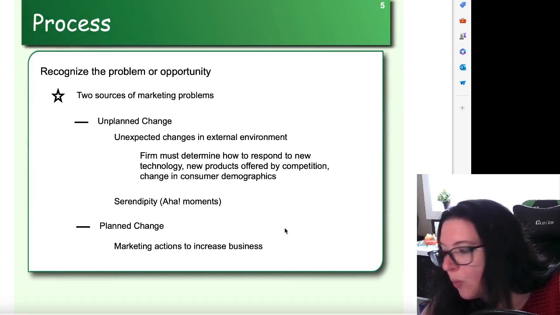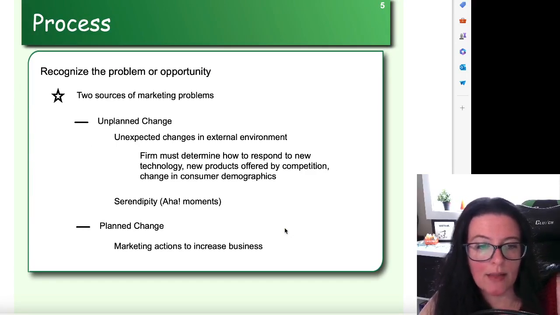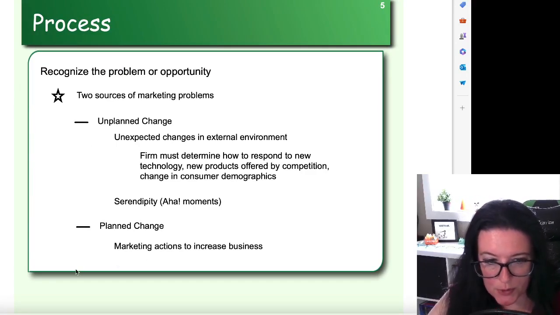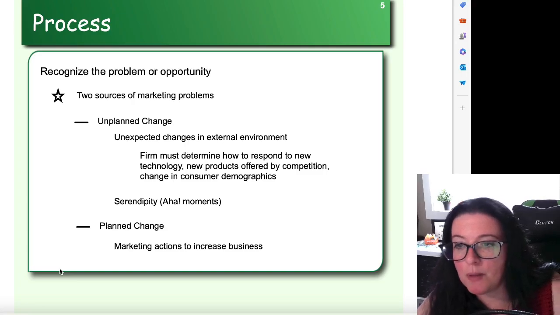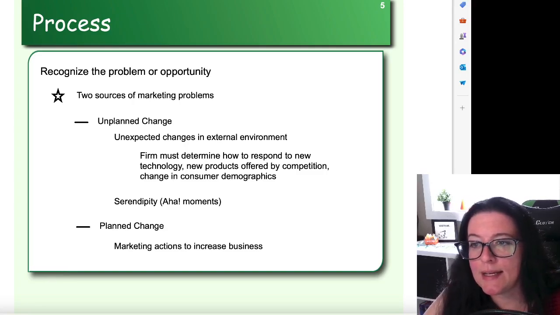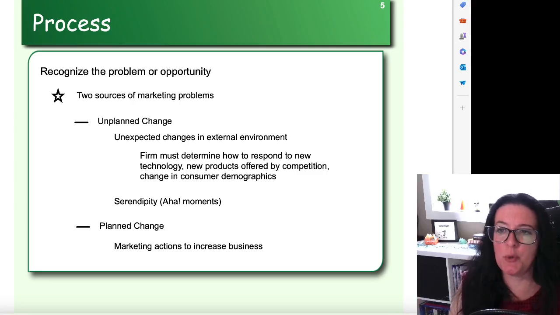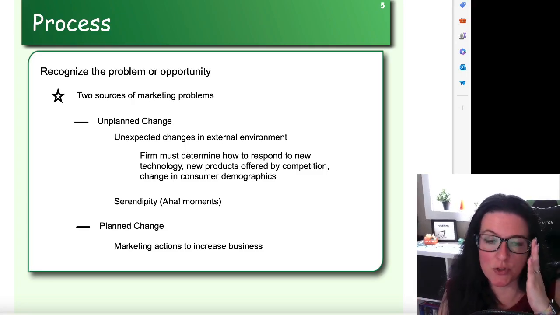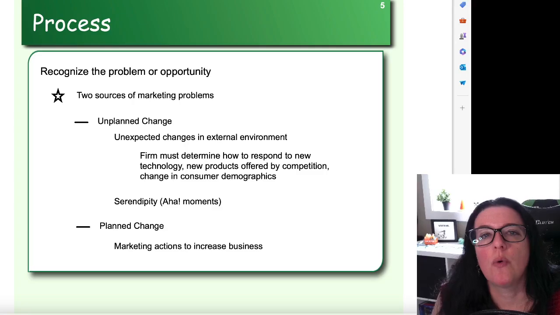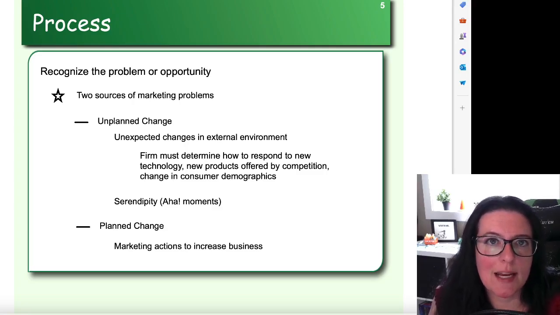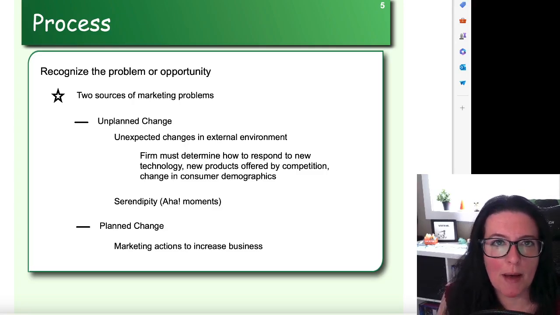So when it comes to recognizing that problem or that opportunity, we look at two general sources of problems. One is there's an issue because of a plan change. The other is an issue because of an unplanned change. So a plan change. The organization changed something about itself, and this is marketing research in this example.